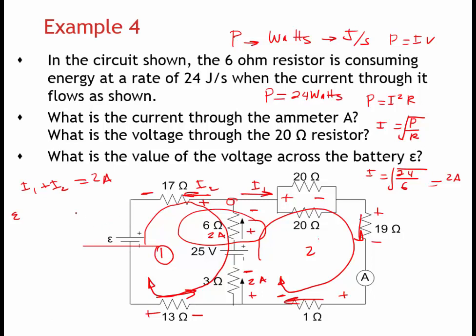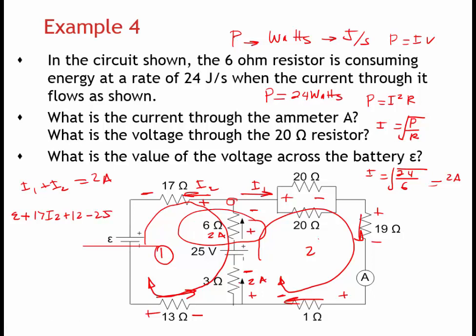Now looking at this, we have E plus 17 times I2, and then plus 6 times 2, which is 12, so plus 12 volts, minus 25.